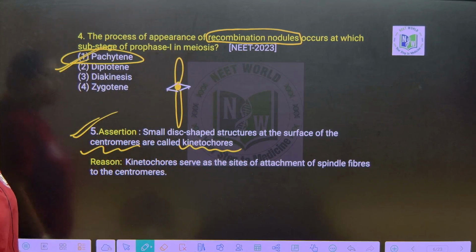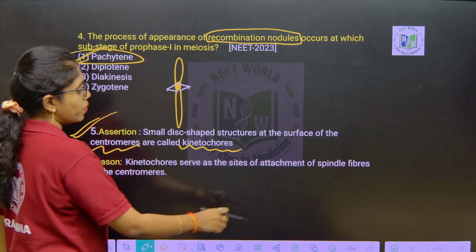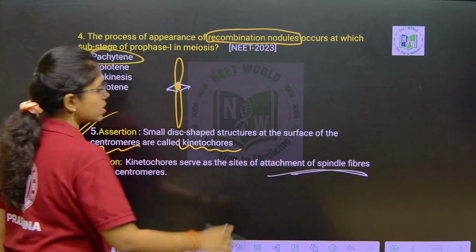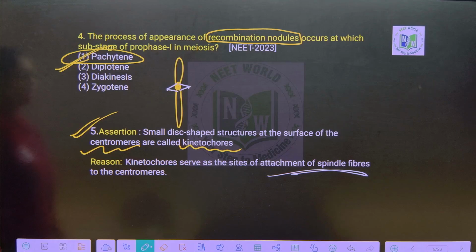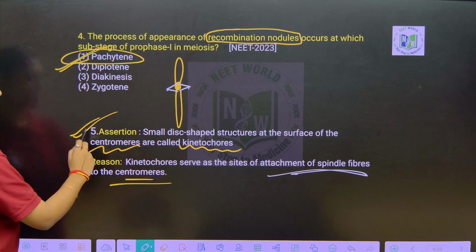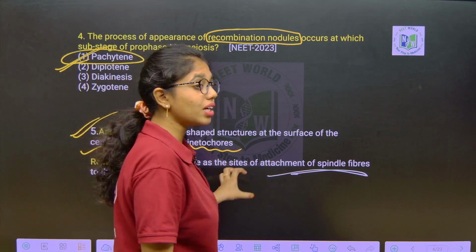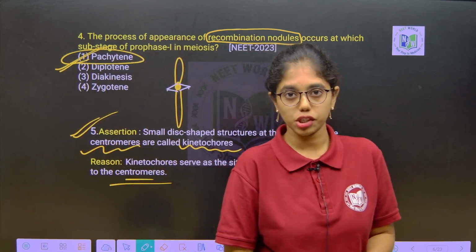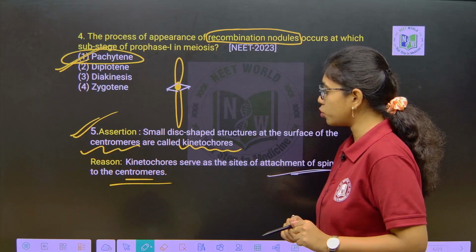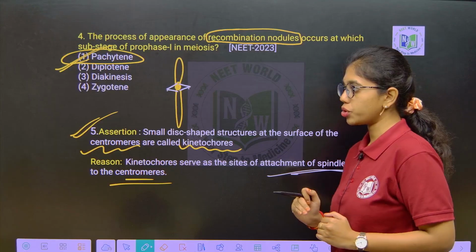And in the reason, these kinetochores serve as the site of attachment of the spindle fibers to the centromeres. So here assertion and reason both are true, and the reason is clearly explaining the assertion. So we have to choose A and R are correct, and R is the correct explanation of assertion.